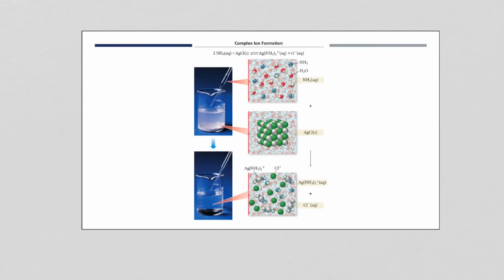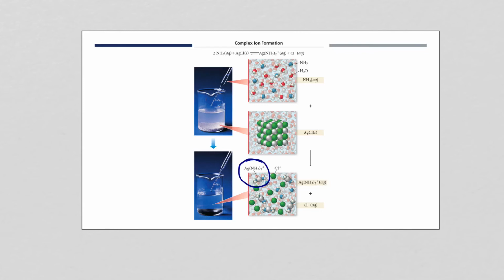Now we can see this in picture form if we look at what it would look like if we just try to dissolve silver chloride. It's essentially insoluble. But if I add enough ammonia, I can pull all of this silver chloride into solution as this ammonia complex. And so this is a very useful technique to make ions that we couldn't get into solution.